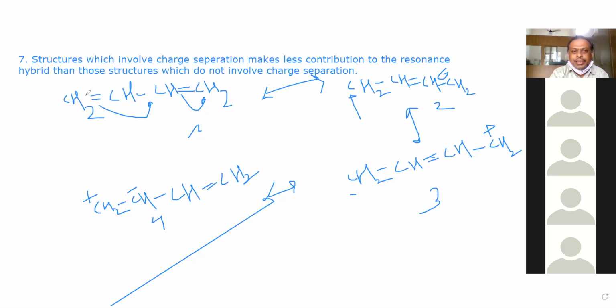Structure 1 मध्ये charge neutral molecules आहेत and its contribution to the resonance hybrid is more.